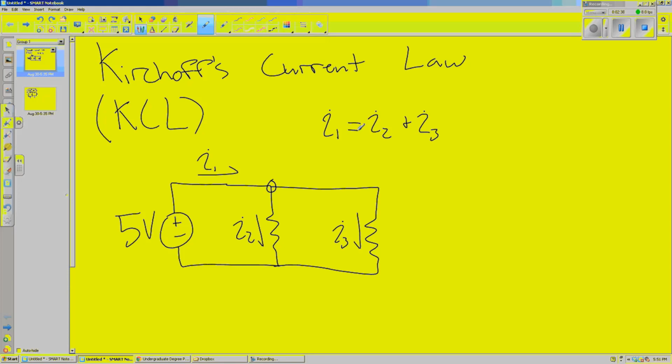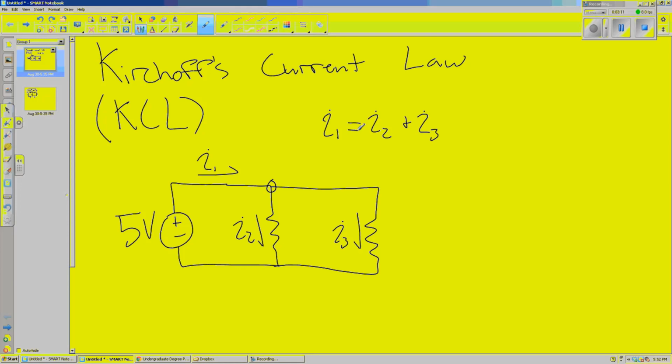It doesn't matter which side you put it on, as long as all the currents flowing out are on one side, and all the currents flowing in are on the other. Which is just like what we did before, where they were all on one side and equaled 0. If you wanted to do it where all the currents were flowing away from that point, that's just fine. Just be consistent.